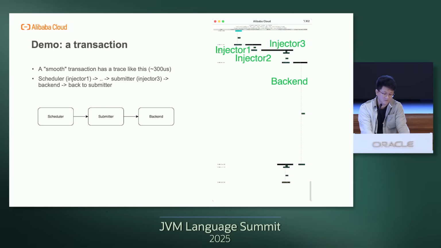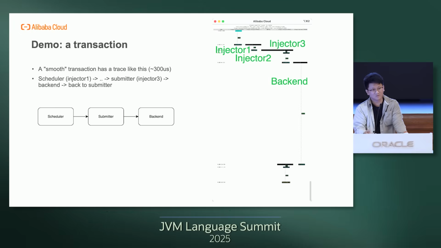So you can basically plot this dependency graph, and there is 1 backend, and it starts from 1 of the injectors, and then it ends with 1 backend.